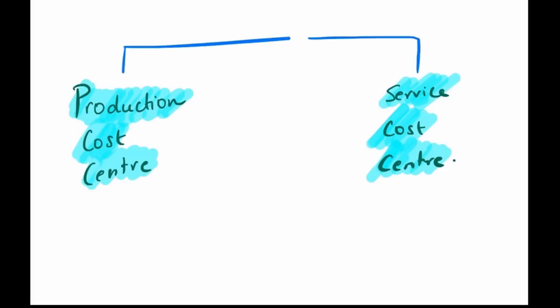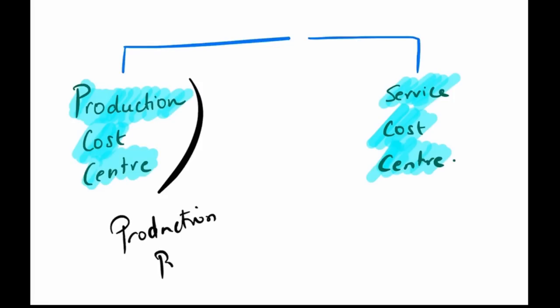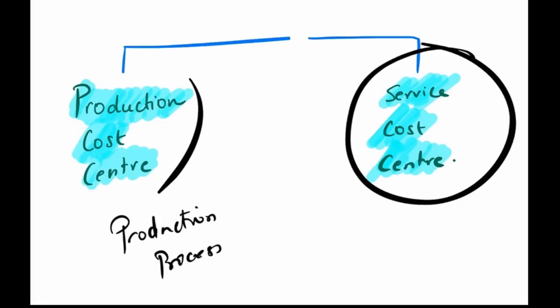Now what is this production cost center? Production cost centers are the ones which are involved with the production process, whereas a service cost center is the one which is not involved in the production process, but provides support to the production centers.